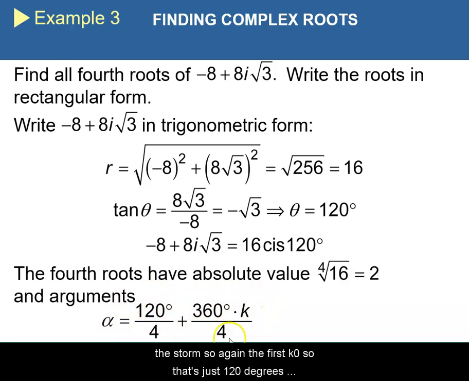The first, k is 0, so that's just 120 degrees divided by 4, or 30 degrees. Then I will add 360 divided by 4, or 90 degrees, once and then twice. So I'm starting at 30, then counting 90, another 90, another 90, until I finish out my circle.